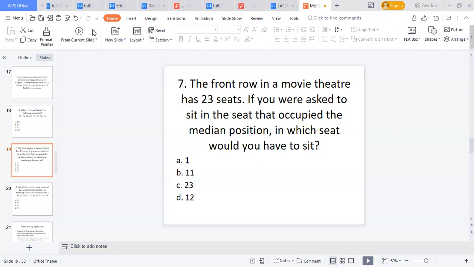Anyone with the answer for that? Buwanga says D, 12. Yes, the value 12 is correct.